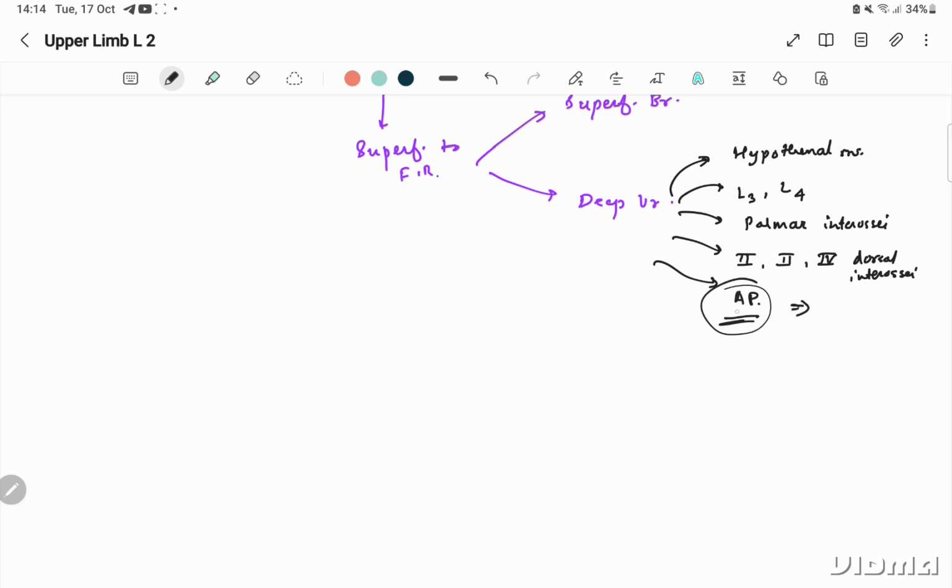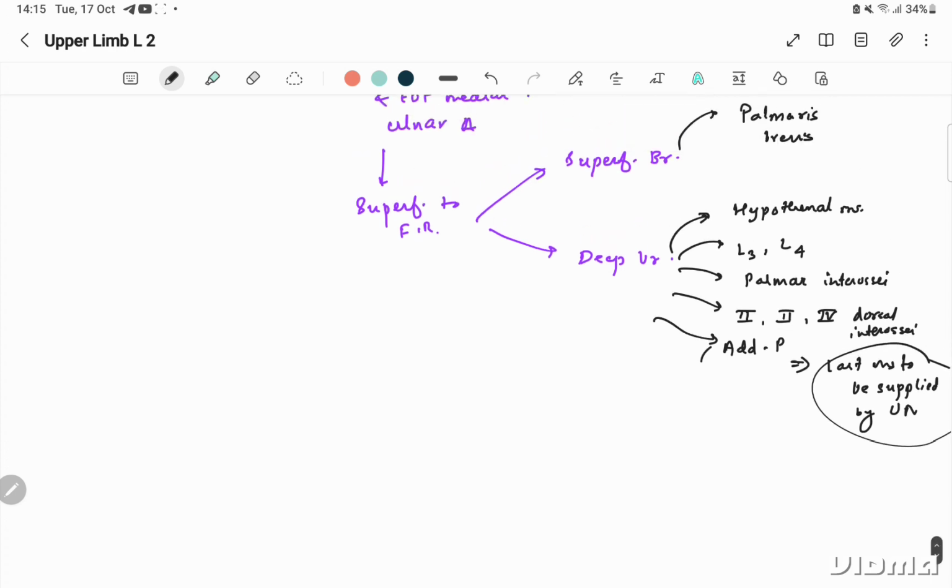Adductor pollicis is the last muscle. It supplies the adductor pollicis. It is the last muscle to be supplied here by the ulnar nerve. Okay. So adductor pollicis generally belongs to your thenar muscles, but it is not supplied by the median nerve.